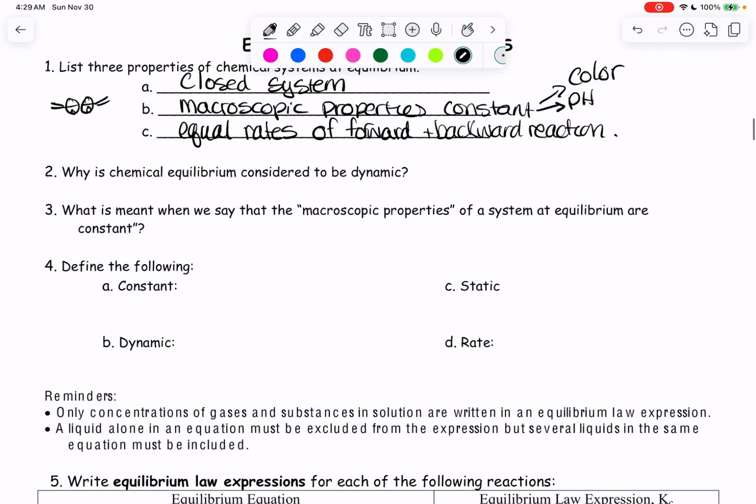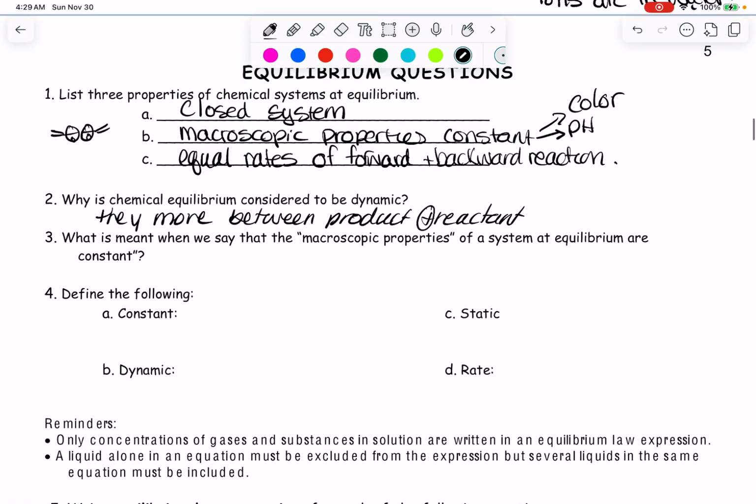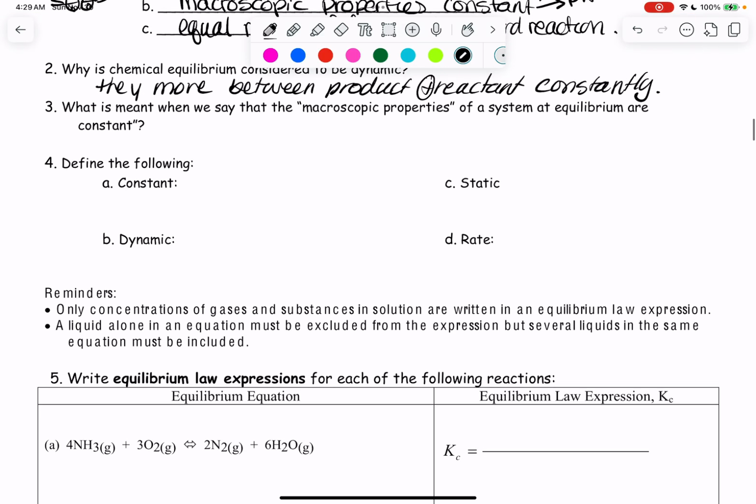So why is this considered dynamic? It's because they go back and forth constantly. They move between product and reactant constantly. That's the dynamic part. What is meant when we say the macroscopic properties are constant?